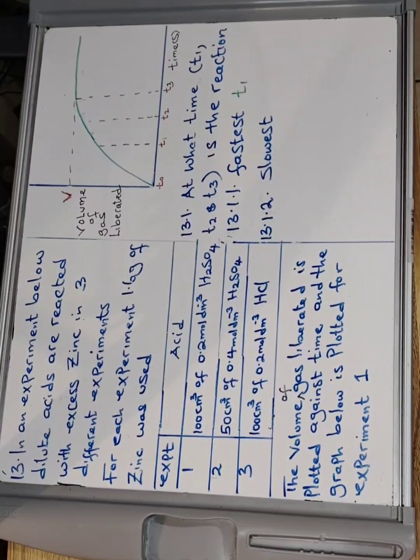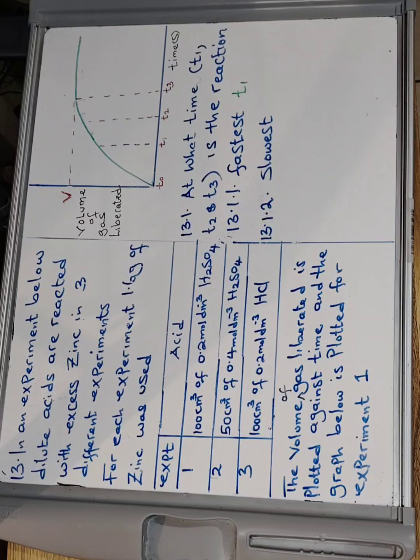Then comes this question, 13.1.2. It says, at what time is the reaction slowest? We'll have to go back to the same explanation we gave before. Rate of reaction is proportional to the amount of reactants available.